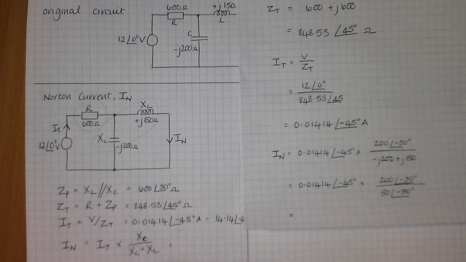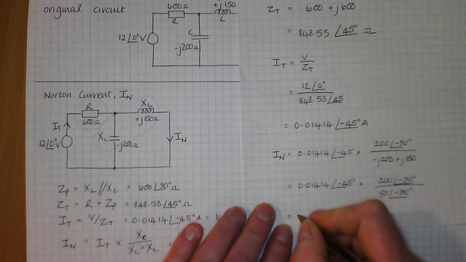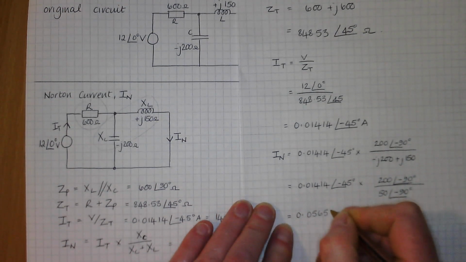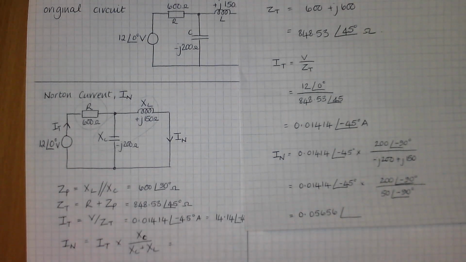So in a voltage divider you use the one you're interested in, in a current divider you use the opposite one. Minus 90 plus 90.